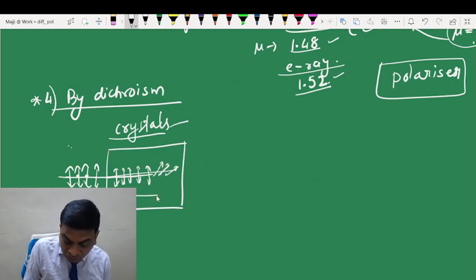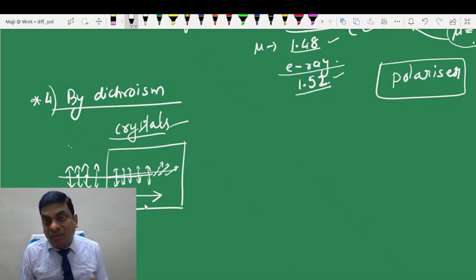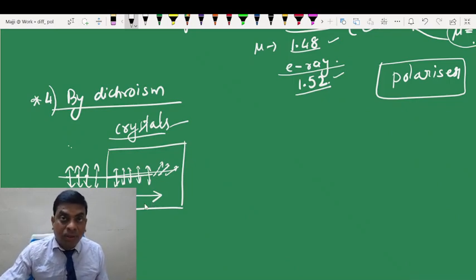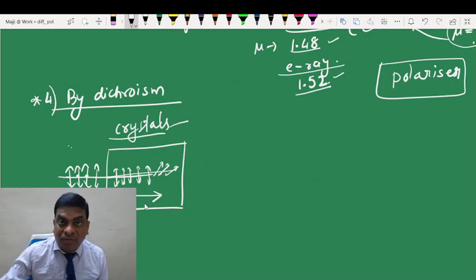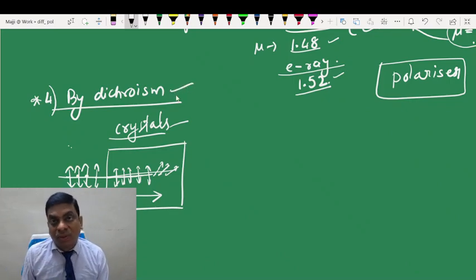Now, during the course of motion, one of them gets absorbed to a greater extent as compared to the other. So this special phenomenon is termed dichroism. Dichroism is a phenomenon in which certain crystals absorb plane polarized light with planes of vibration in a certain direction more predominantly as compared to other plane polarized light.